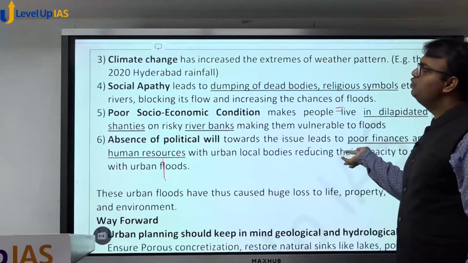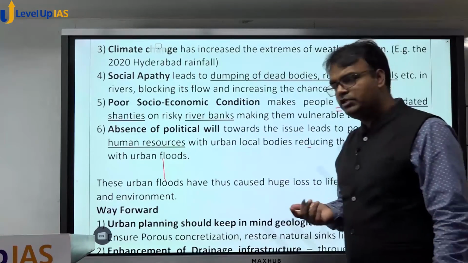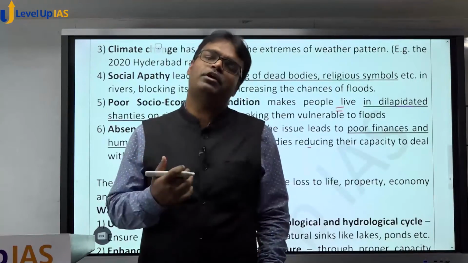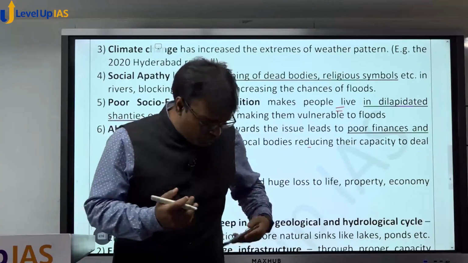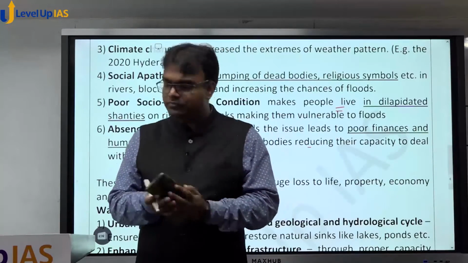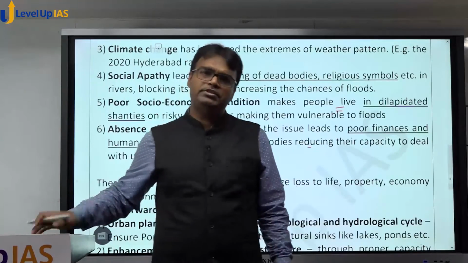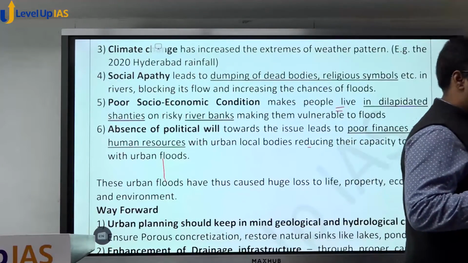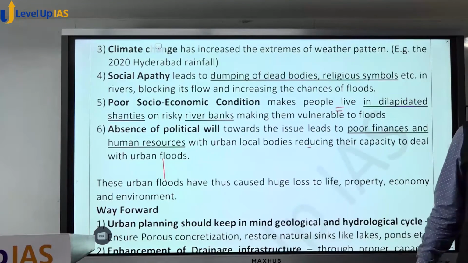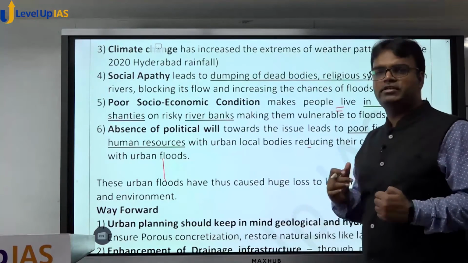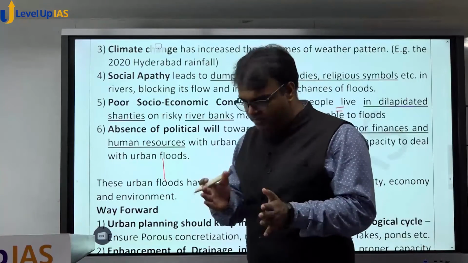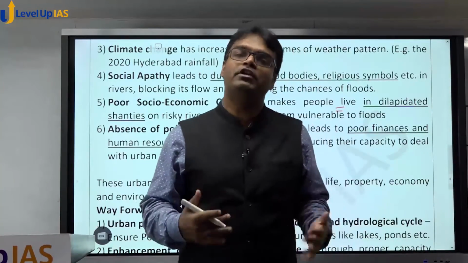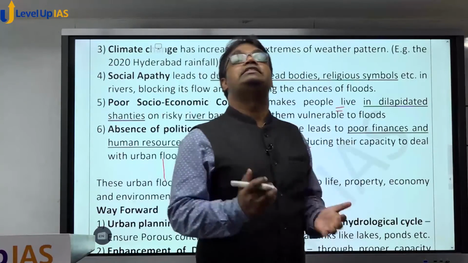Then poor socio-economic conditions are also responsible for it. People who live in very poor conditions do not have proper houses and all. Now what happens to them is, they are ready to live anywhere they want, even in very vulnerable situations. Even on the river banks, which are very vulnerable to flood, they will settle down.